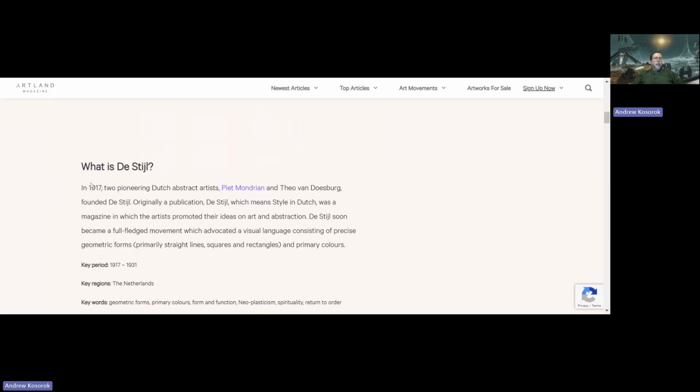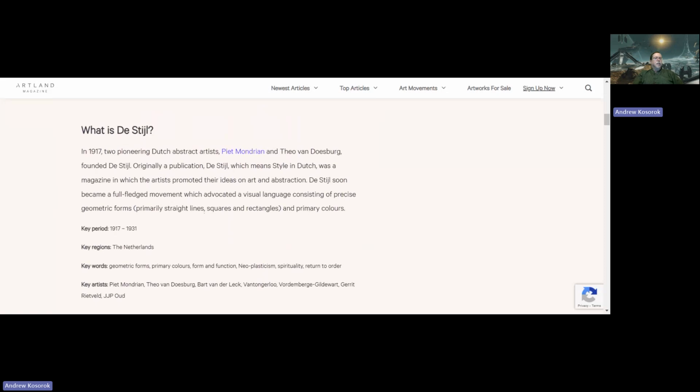And this started in 1917, which is right about the time. This is the end of Italian Futurism, but this starts right around the time of Dada and Russian constructivism, as well as the Bauhaus. So this is another aspect dealing with a lot of the same issues.